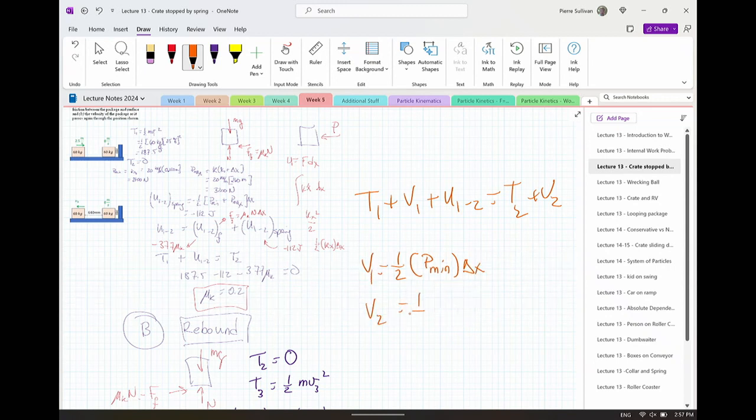V2 would equal 1/2 P max delta x. And solving through for all of these terms is really what you're going to end up doing. So you have to be able to solve through these kinds of issues.